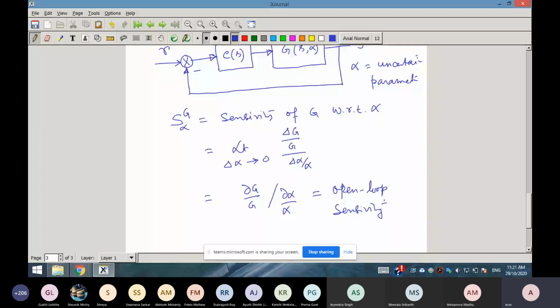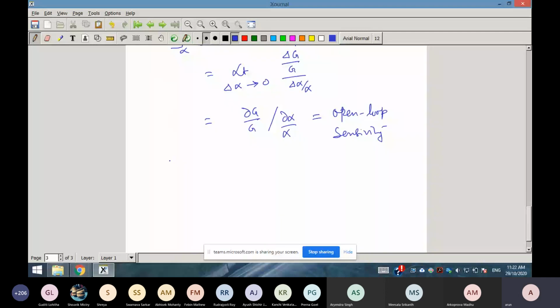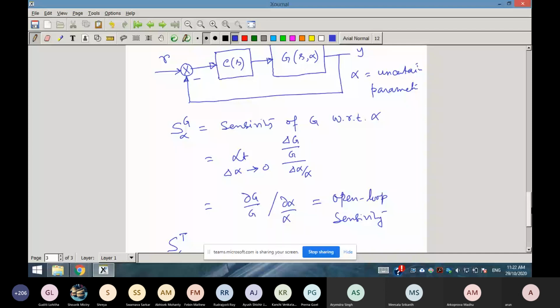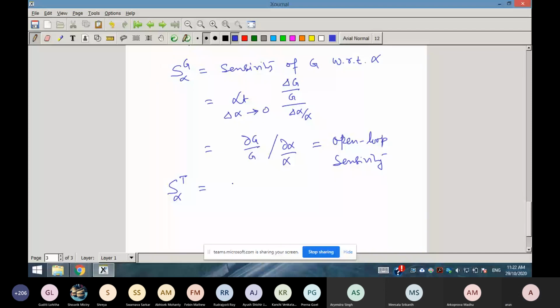Now what is closed loop sensitivity? S alpha T. Here T is the input output transfer function, T equals GC by 1 plus GC. So this is the sensitivity of T with respect to alpha. That means as alpha changes, what is the sensitivity of the closed loop transfer function T with respect to alpha?